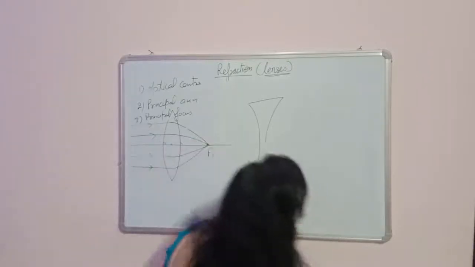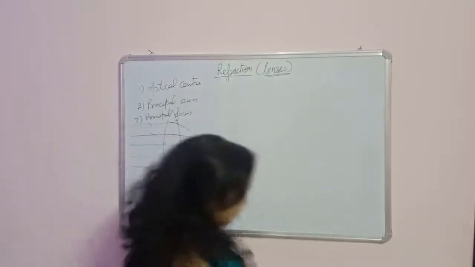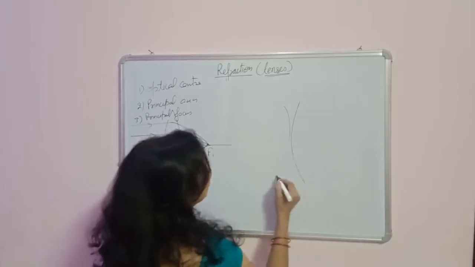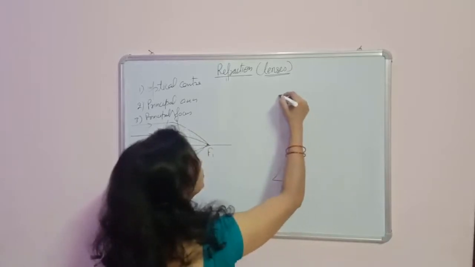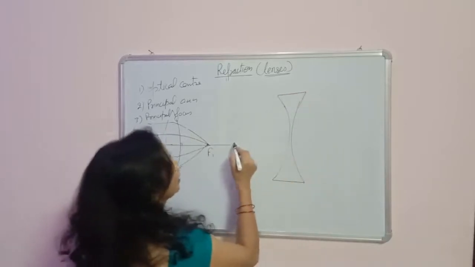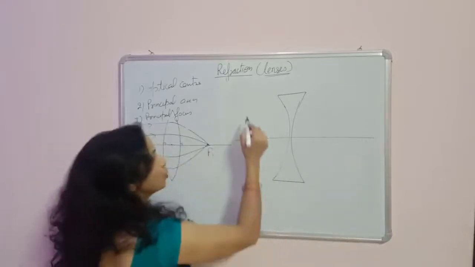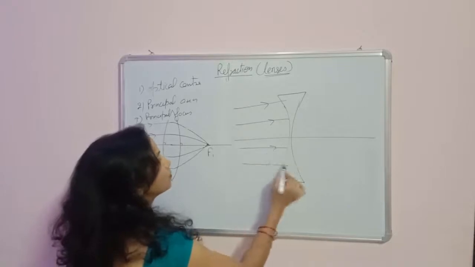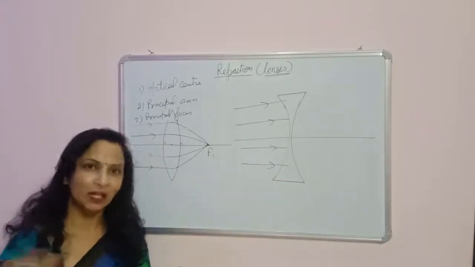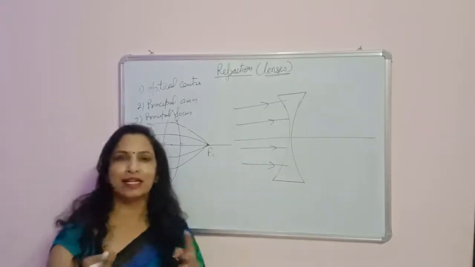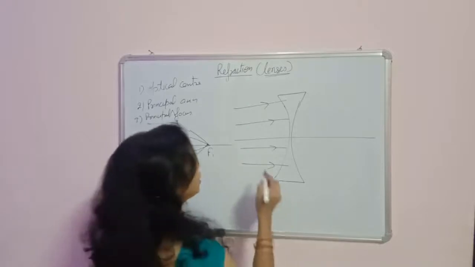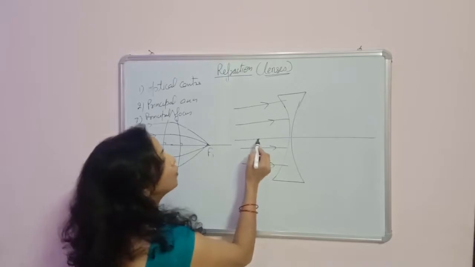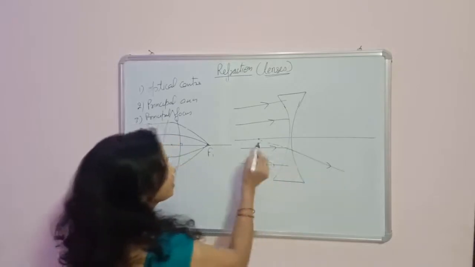So I am going to shift this lens towards this side so that I can explain easily. So these are the light rays which are initially parallel to the principal axis. This is the principal axis and the light is coming parallel to the principal axis. Now we know that this lens will diverge the beam of light. So in the case of concave lens, all the light rays appear to be diverged from a point like this.